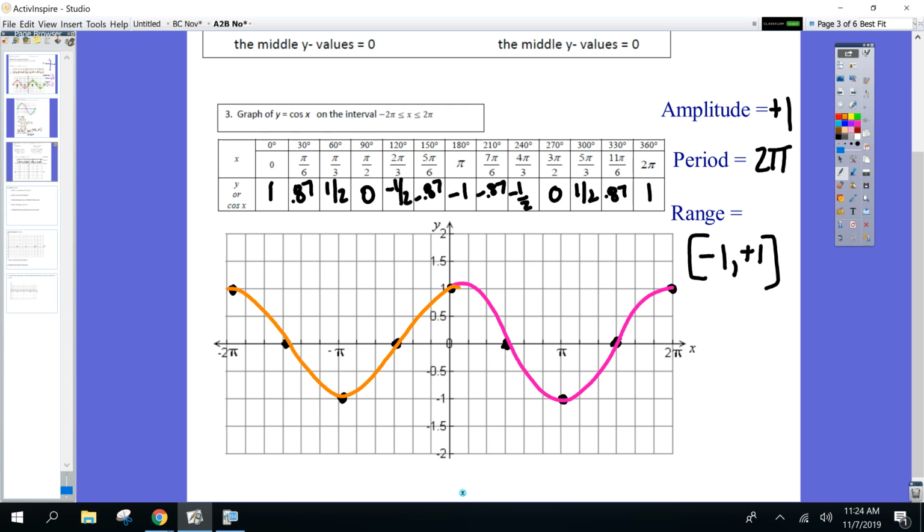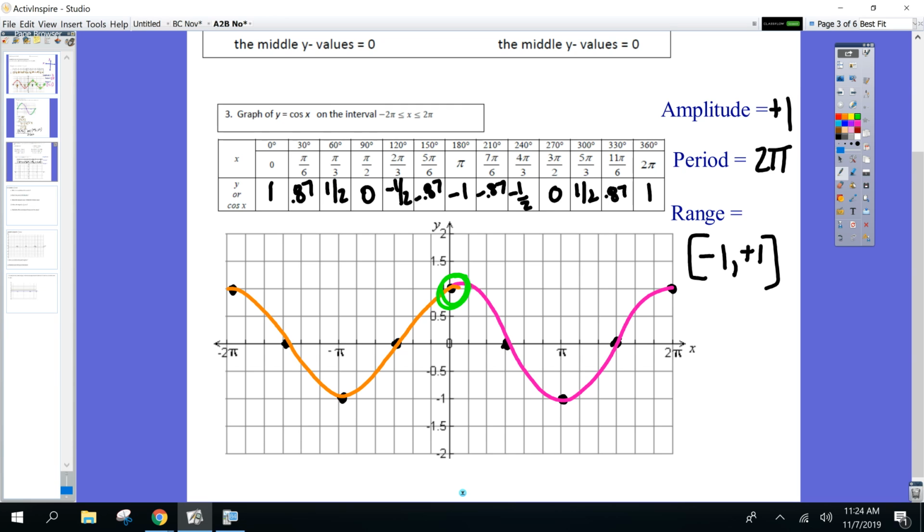Okay, I want to do the same thing I did with sine. Let's find the pattern right now. Where does cosine start? Sine starts at 0. Cosine does not. Cosine starts at 1. Then, ready? Keep following the curve. Cosine starts at the max, or 1, and goes to where now?